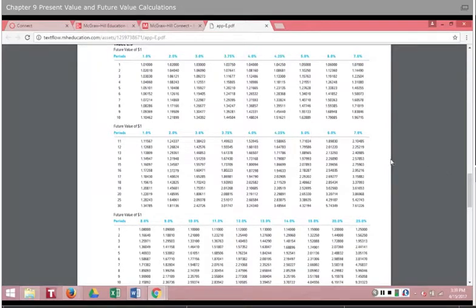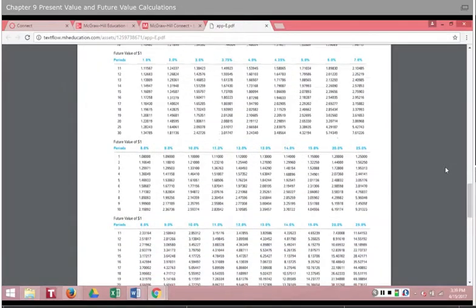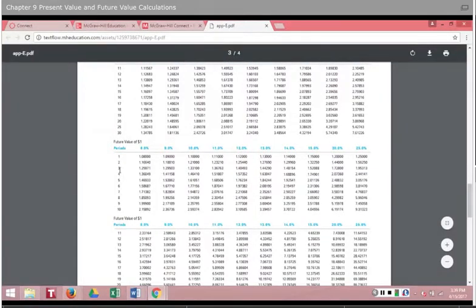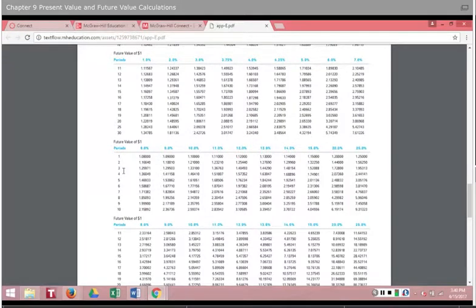Let's do something just out of curiosity. Let's go to 10% for 3 years, because we used this present value factor where n equals 3 and the interest rate was 10%. If you remember, the formula said if we take 1 divided by the future value factor, 1.331, we end up with 0.751315.